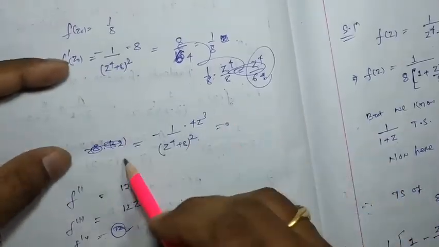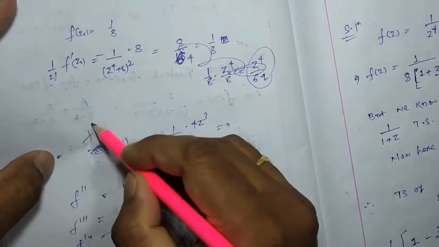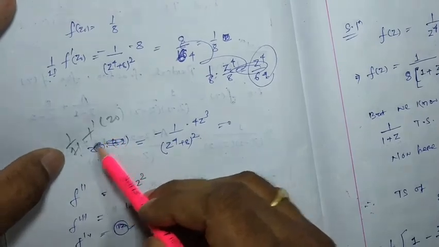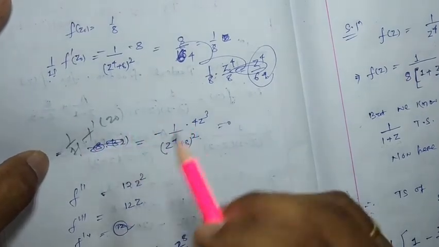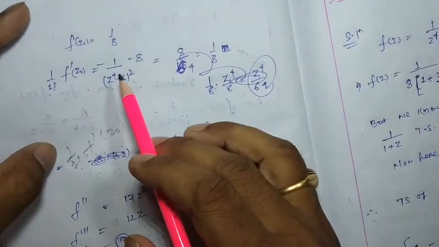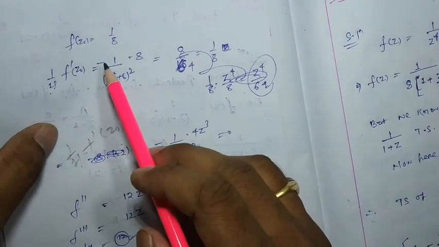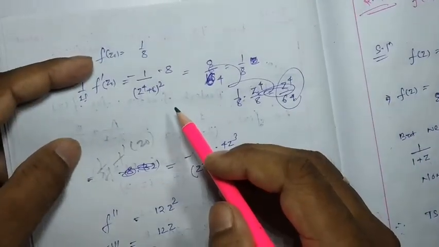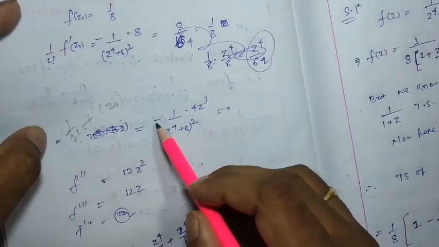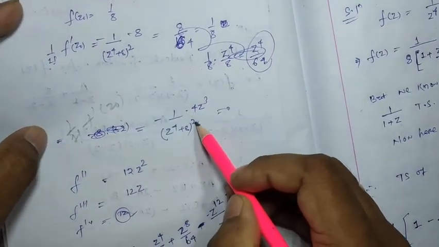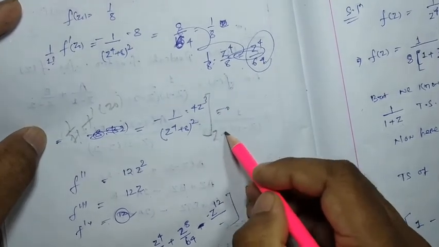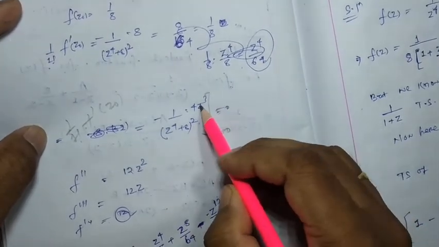Here f dash z0, 1 by 1 factorial f dash z0 we have to find out, no? So f dash z0 means f(z) equal to how much? 1 by z to the 4 plus 8. It will be how much? It will be minus 1 by z to the 4 plus 8 square into 4z cube, right? At z equal to z0, if I am going to put here 0, it will be 0.